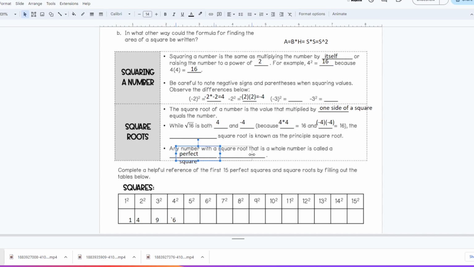Okay. Principal root. Okay, well. The side of a square root is known as the principal square root. Okay, I think that's what they're getting at.